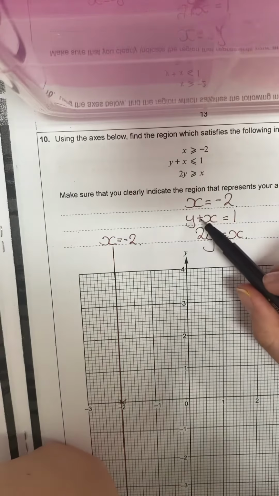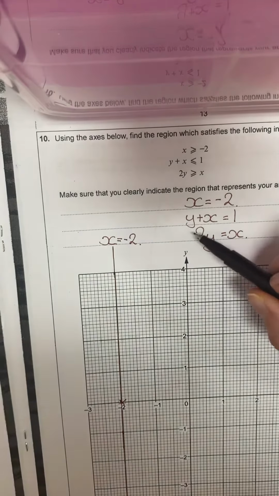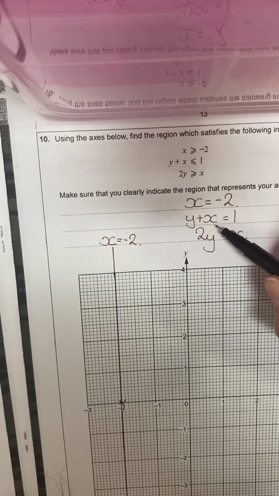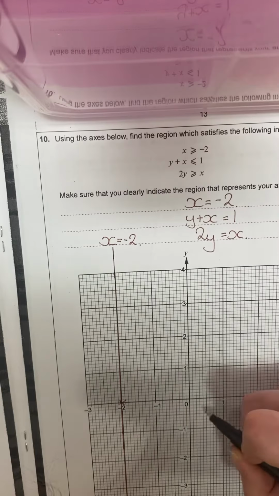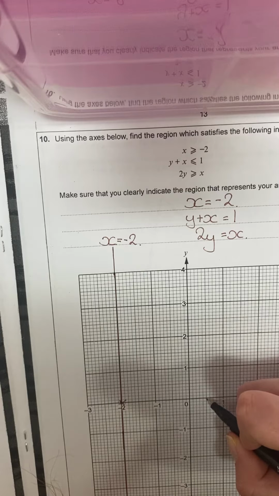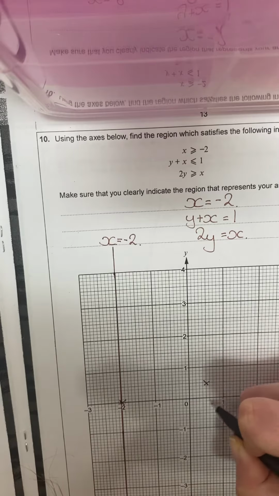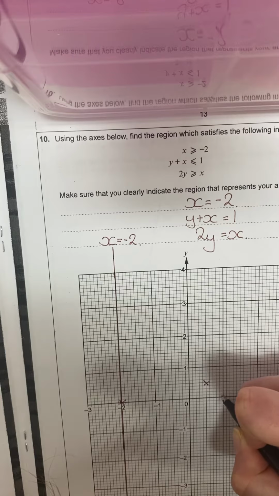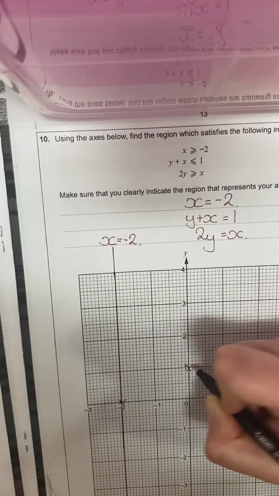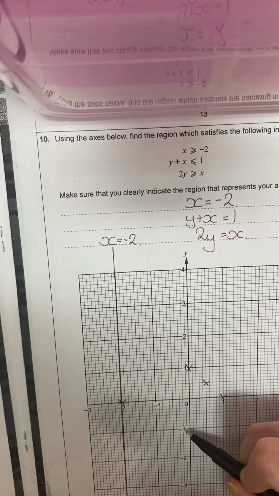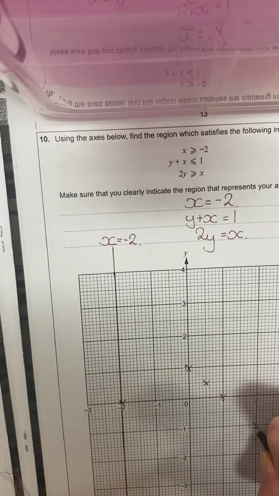Then we need to draw the line of y plus x is equal to 1. So we need two coordinates, an x and a y coordinate, that add together to give 1. So for example, I could have 0.5 plus 0.5 gives me 1. 0 and 1 gives me 1. 1 and 0 gives me 1. -1 plus 2 gives me 1, and so on.